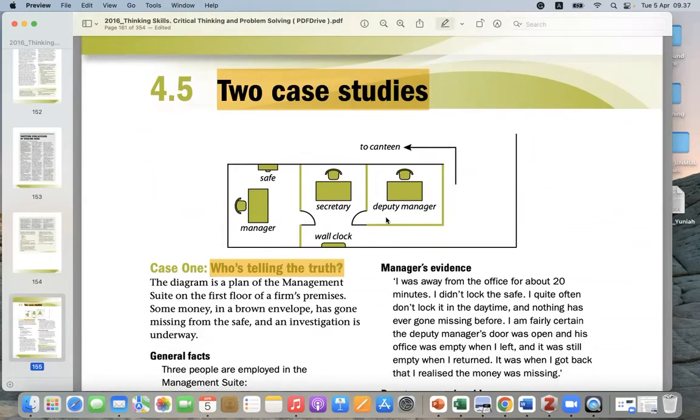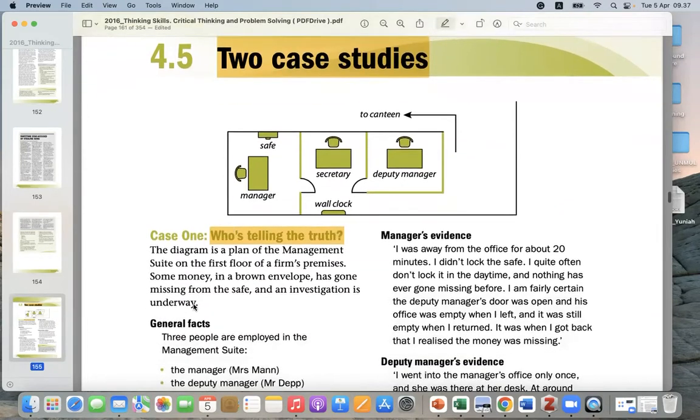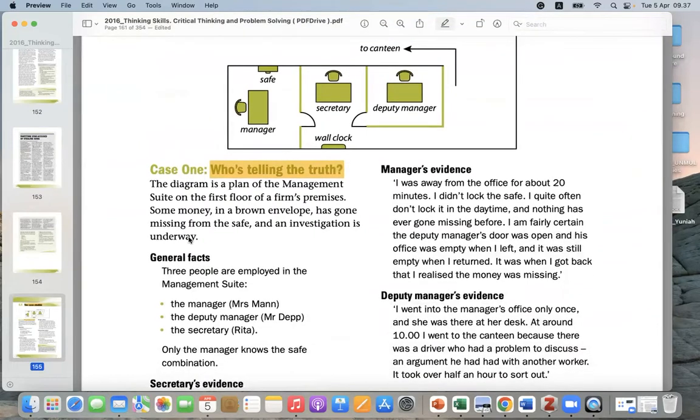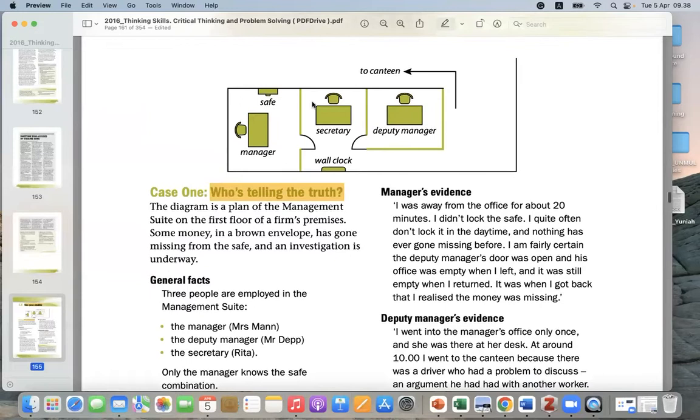There is a certain case, and you can read it in this book. Okay, this is the case. The diagram is a plan of the management suite on the first floor of a firm's premises. Some money has gone missing from the safe, and an investigation is underway. So you have this safe, like what is a safe?